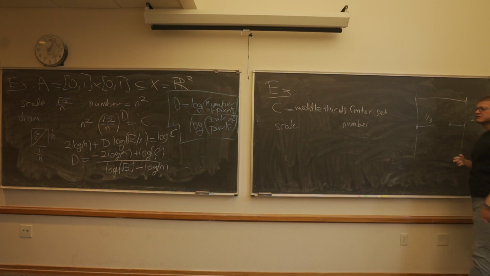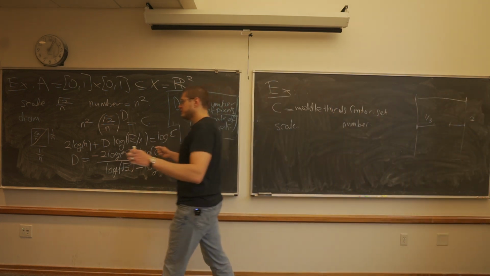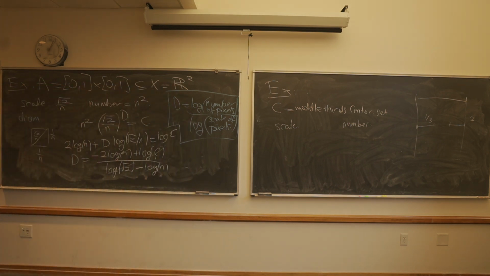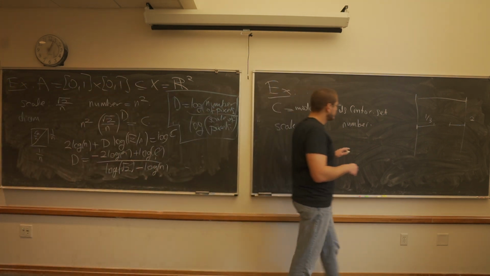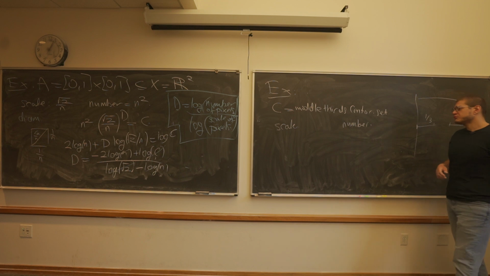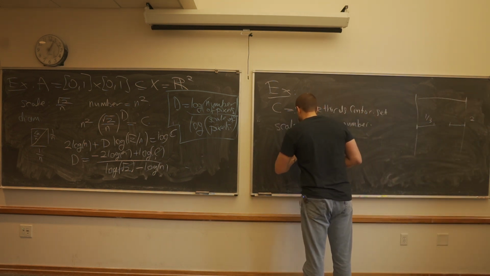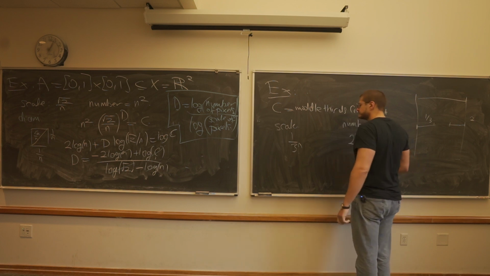So at step n, you're going to have 2 to the n disjoint closed intervals, each of which has length 1/3 to the n. Many of you know this because you looked into these types of things in previous reports. So this suggests that the scale should be 1/3 to the n, and the number should be 2 to the n. Okay?